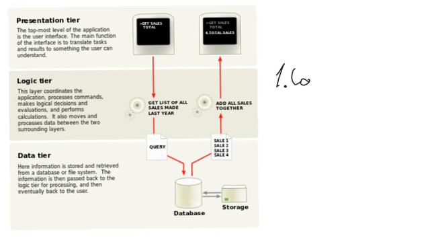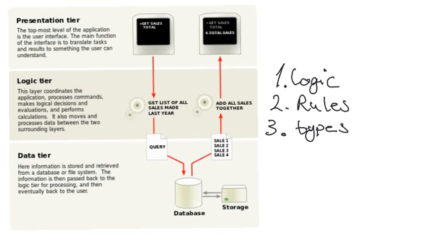So the first subcomponent will contain the logic. The second subcomponent will contain the rules. And of course we have a third one which is about the data types. Data types are very important because they will hold the whole data.